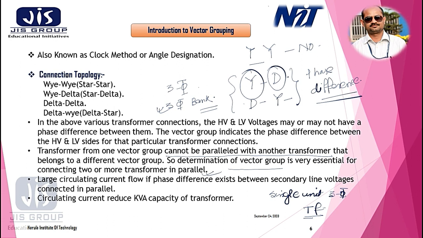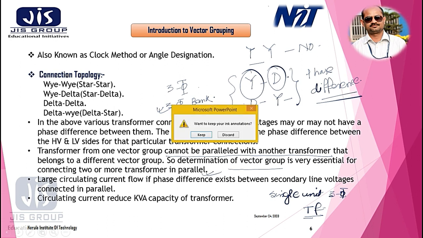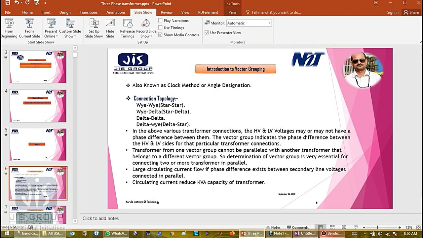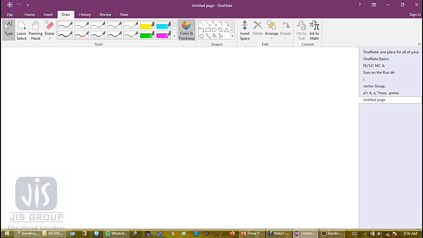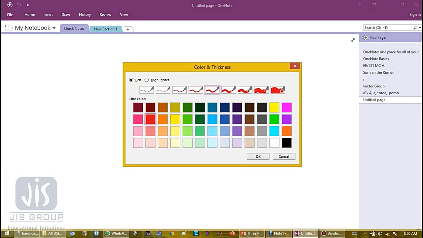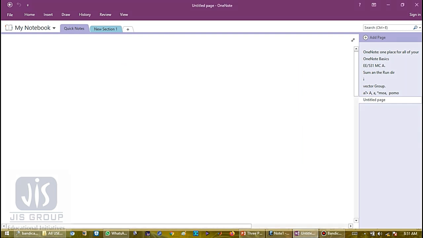So that means, we know three single phase transformers.